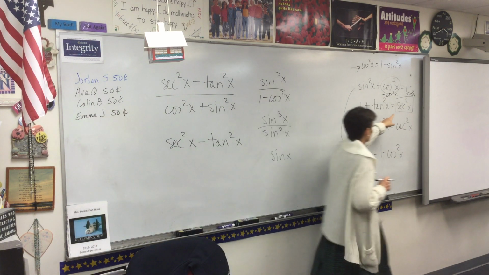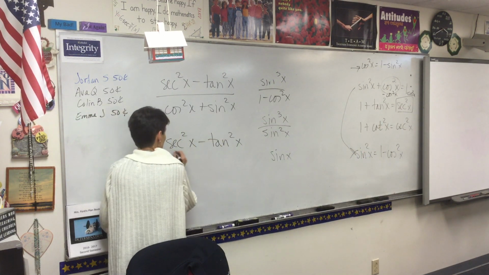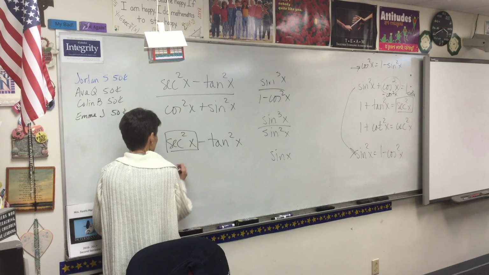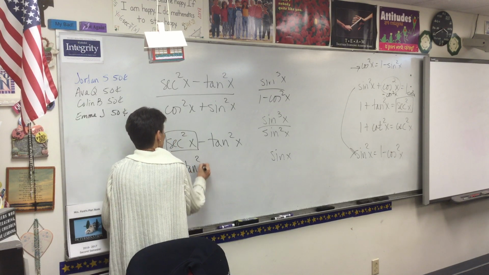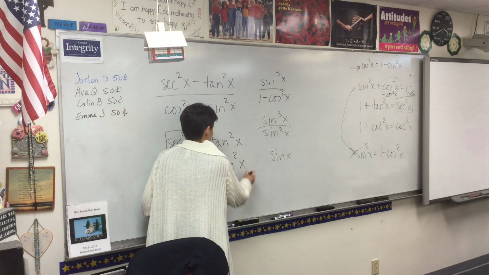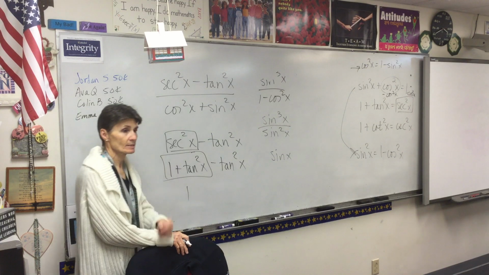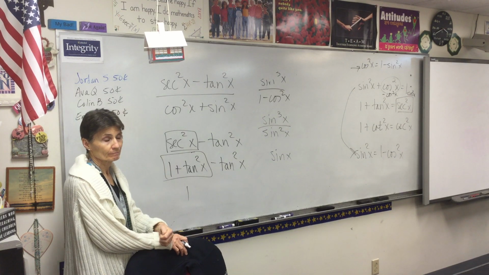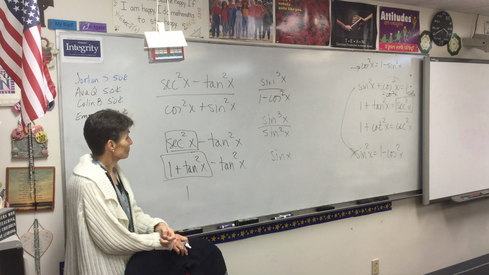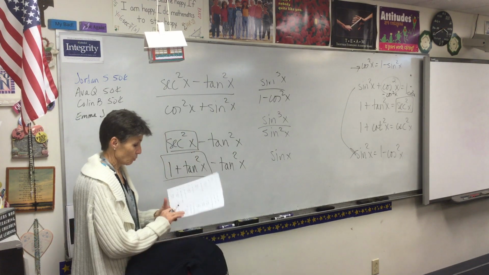What is secant squared? 1 plus tangent squared. So let's take the secant squared and replace it with 1 plus tan squared, because that's what it is. Tan squared cancels out. So the answer to the problem is just 1. Looked really scary, simplified to 1.